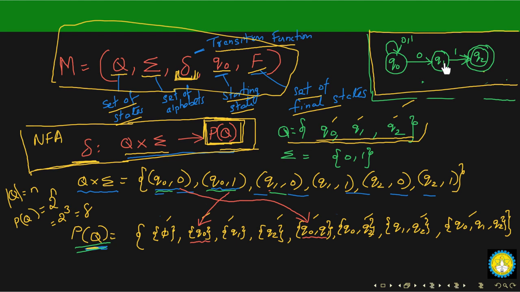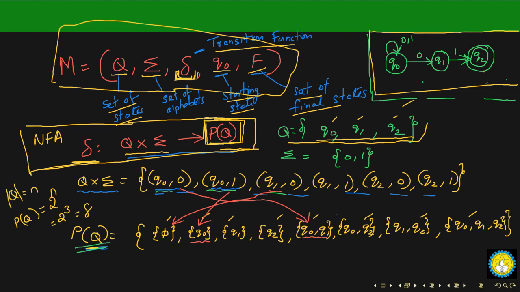If there is no path defined, then that should be mapped to the null set, because the transition for 0 is not available there. So in our mathematical definition, we map such items to the null set. If you look at the DFA, there is no transition from Q1 on 0, so I'm going to map it to the null set.